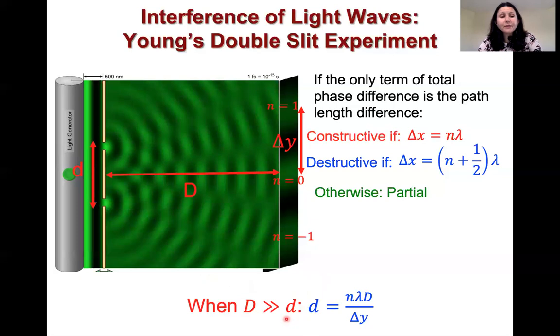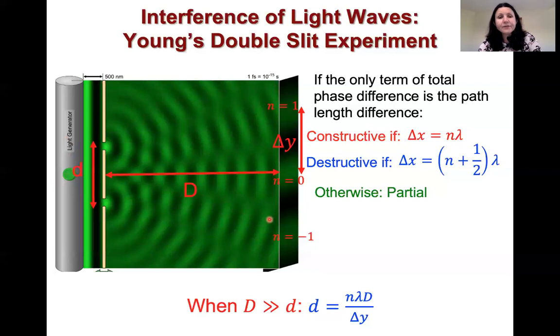This is valid when the distance from the slits to the screen is much, much greater than the separation. In the real experiment in DL, this distance was on the order of a meter or two, where the separation between slits was a millimeter, or I don't exactly remember, but it was a very, very small number.